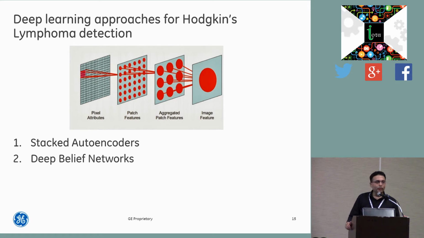At the bottom, I listed two of the most popular algorithms in the deep learning space currently. And at the top, I tried to show you some intuition as to what will happen as part of that deep learning. On the left-hand side, it's just the raw image, a bunch of pixels.